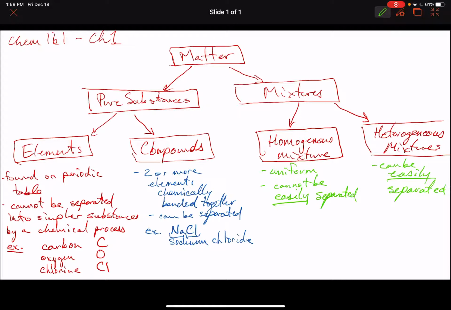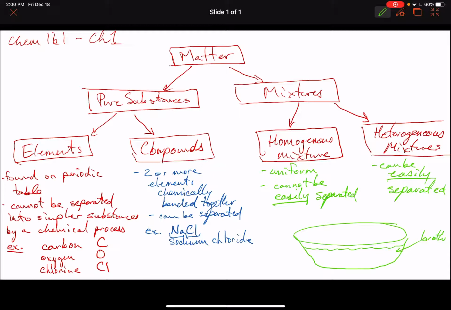So, to touch on the difference and the nuance of easy separation, consider an example of, say, your favorite chicken noodle soup. We know that chicken noodle soup consists of broth, which will have things like water and salt, perhaps nutrients from the chicken or from any of the vegetables.